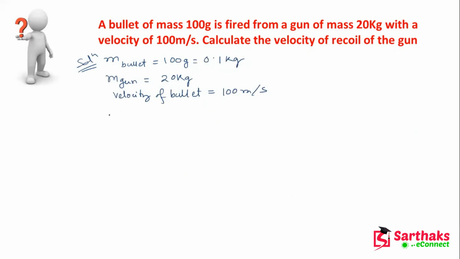We represent this using u, and the recoil velocity of the gun, that is v, we have to find out. Calculate the velocity of recoil of the gun.